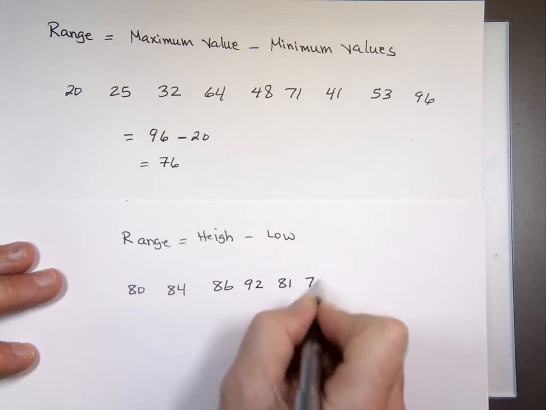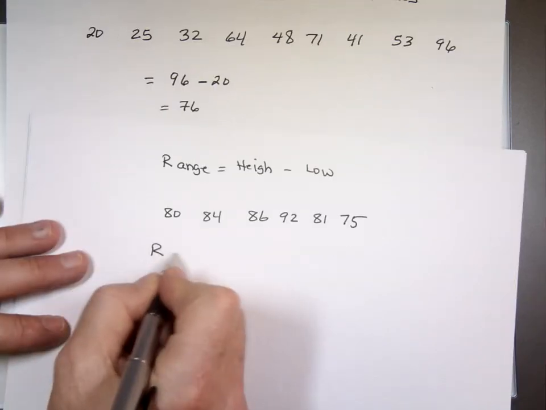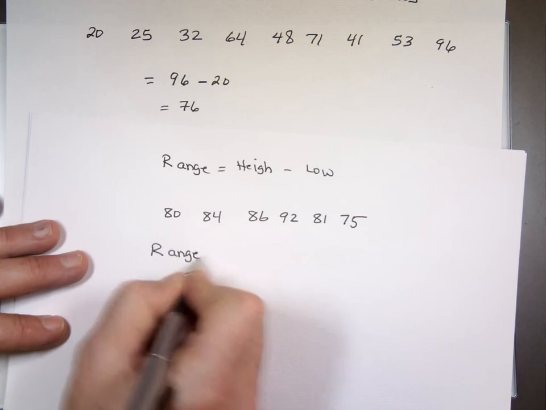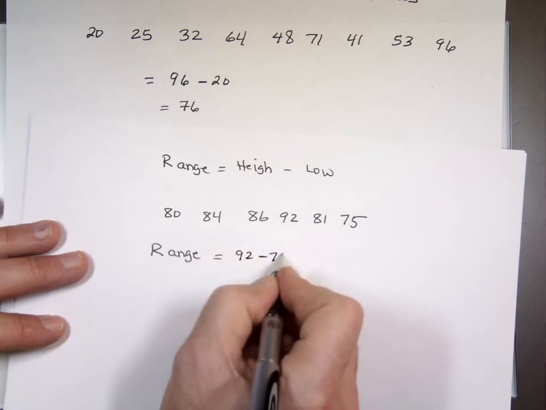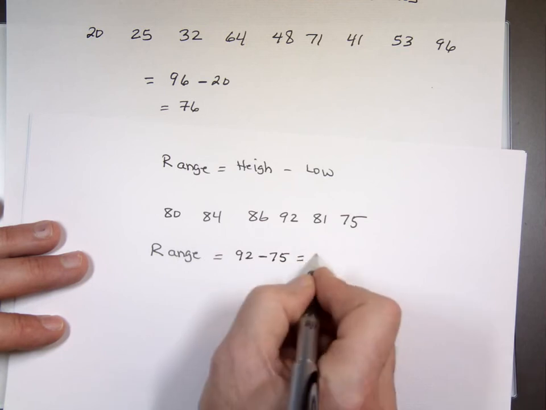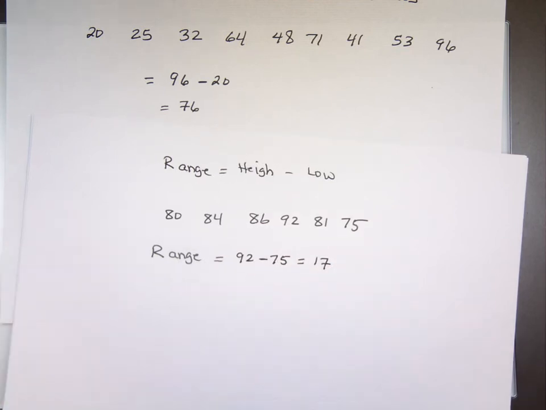So when you look at that, what's your range? It's 92 minus 75, which is 17. So the gap between the lowest and the highest value is only 17.